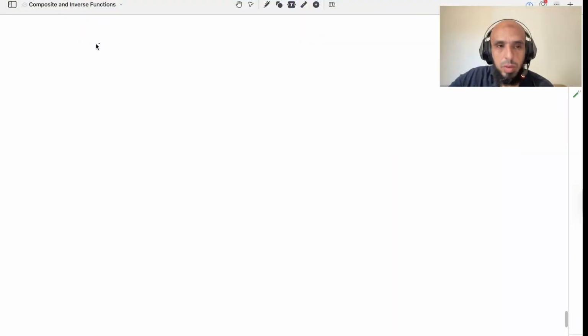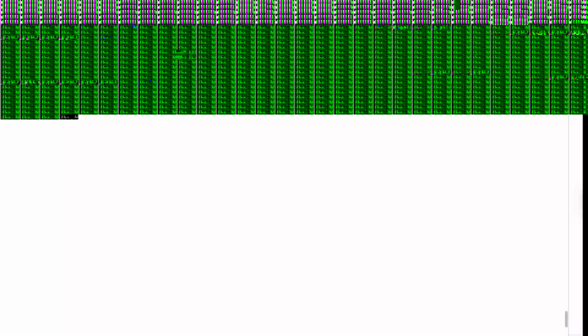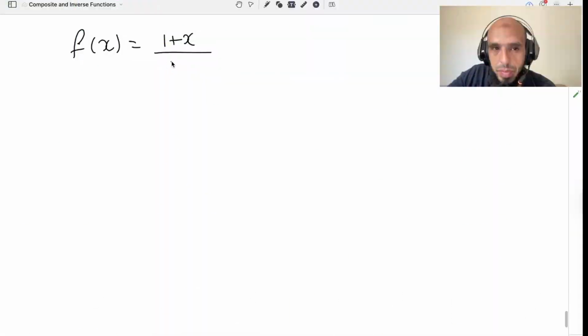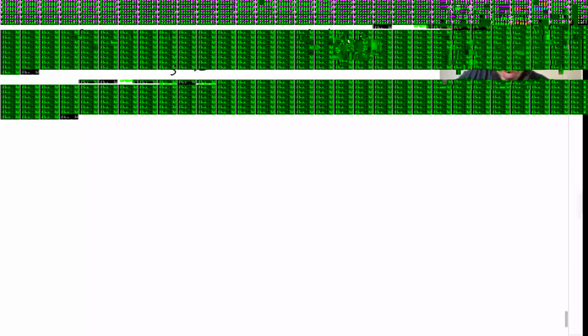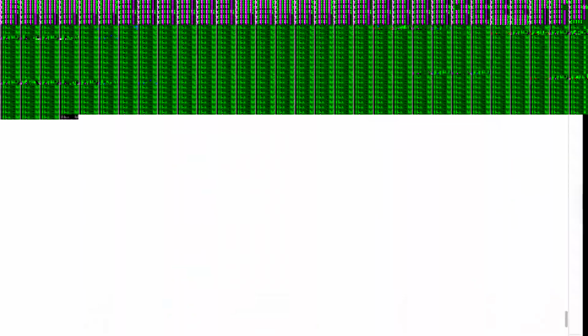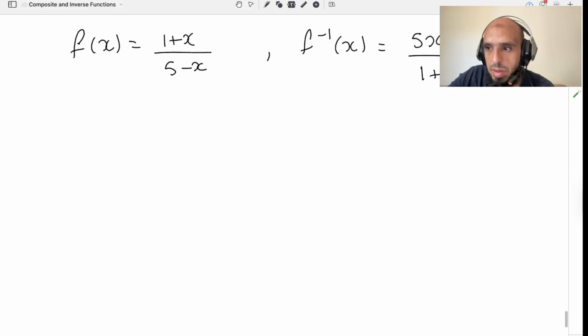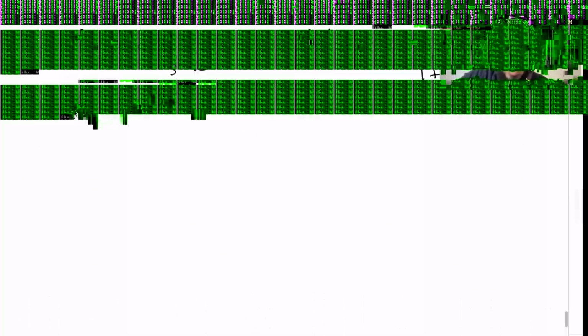Now, if we apply this to our previous example of f of x equals 1 plus x over 5 minus x, and f minus 1 of x equals 5x minus 1 over 1 plus x, let's apply f minus 1 first.